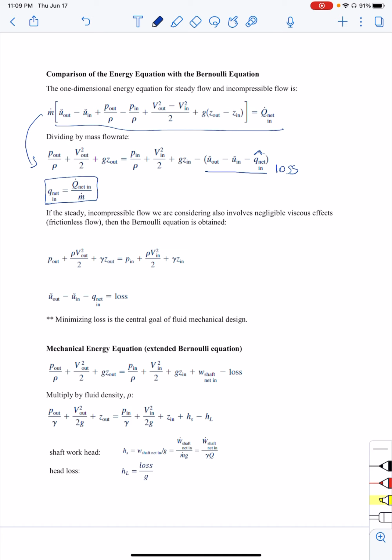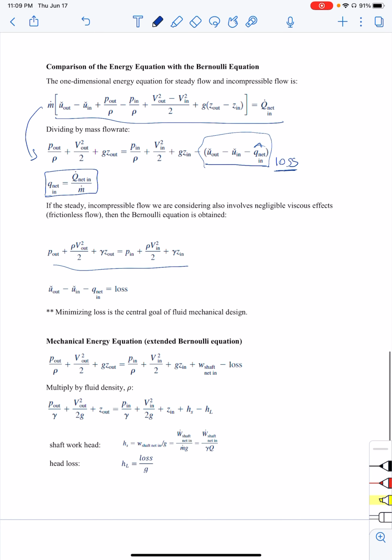Now if we compare it to the Bernoulli equation, we can see that the difference is these terms that we call loss here. So this is our Bernoulli equation, right?